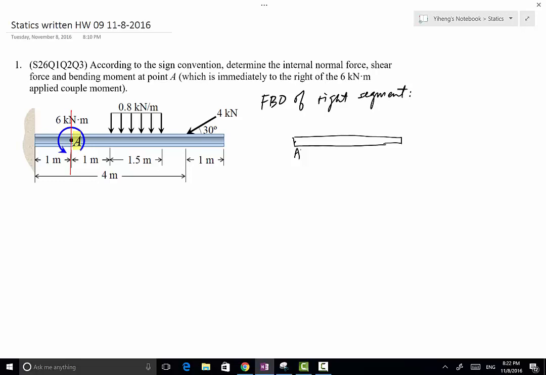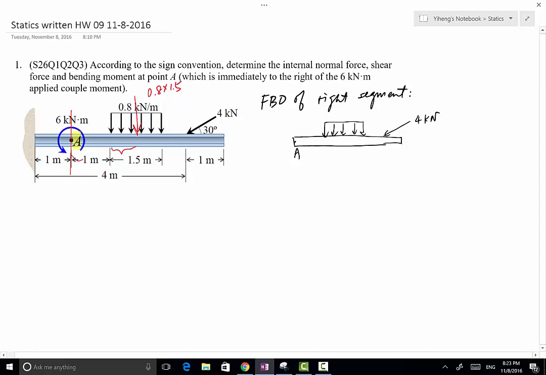So what about the other forces? We have this distributed load from here to here. And we also have another concentrated force here. So for this distributed load, we can replace it by a concentrated force right here. The magnitude will be 0.8 multiplied by 1.5, and that equals 1.2 kilonewton. This distance right here is 0.75 meter, half of the 1.5 meter.